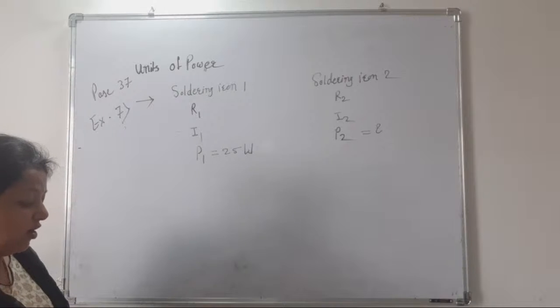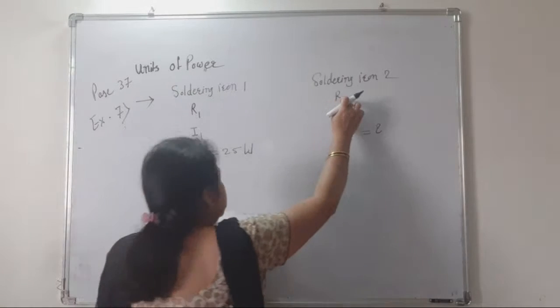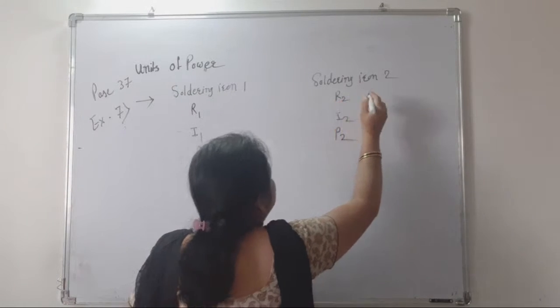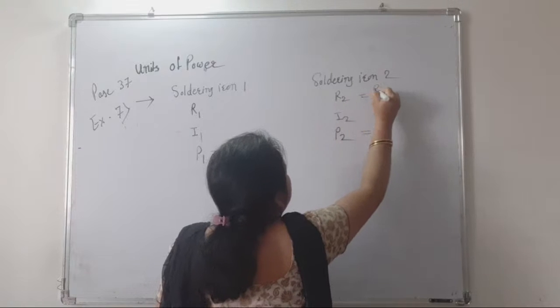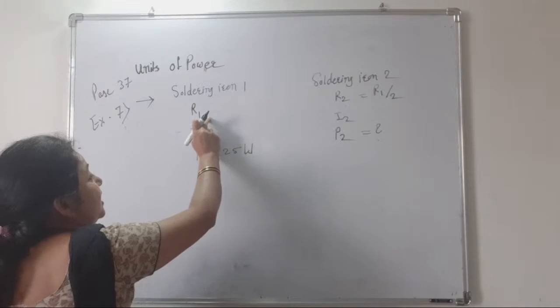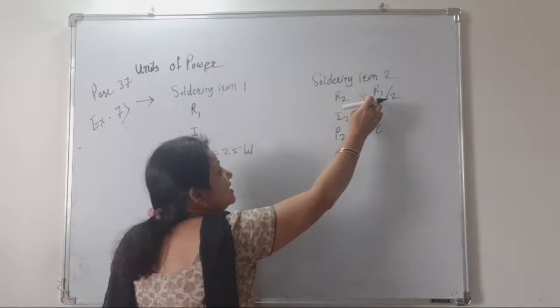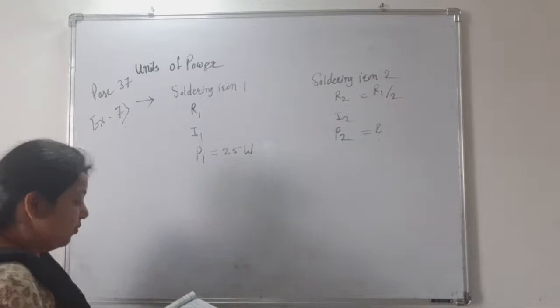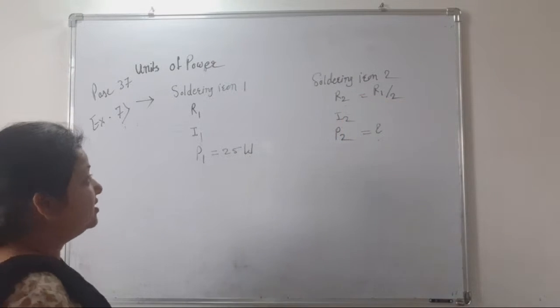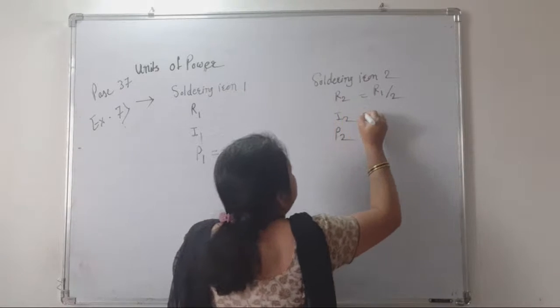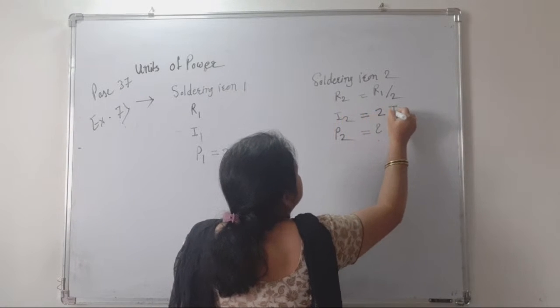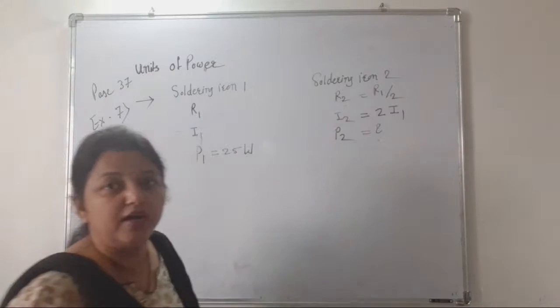The resistance of the other soldering iron, this R2, is half that of the first, it is R1 upon 2. And the current of the second soldering iron is 2 times the current of the first one.